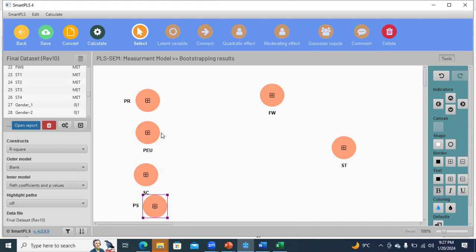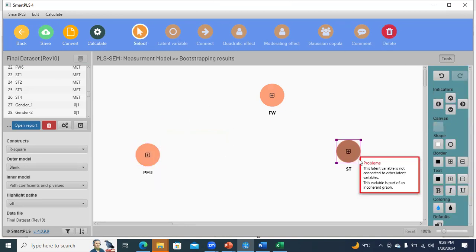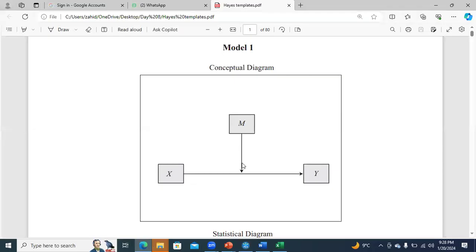If we make it simple, we can just delete some of these variables to make it more simple for your consideration. Let's suppose we have this one only as an independent variable. This is independent, this is dependent, this is the moderator, just like Hayes process that has provided in model 1. We have independent, we have dependent, we have moderator.